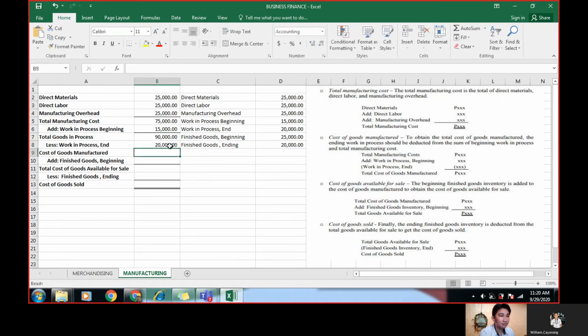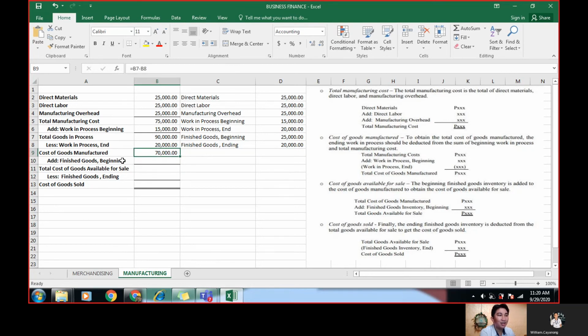Therefore, deduct natin siya. 90,000 equal sign pa din, don't forget, minus 20,000, enter. Therefore, out from the 90,000, only 70,000 goods was manufactured. So yung 20,000 is still work in process. Pagka next year na naman siya makukumpleto. Okay? So ayan, ito yung total goods manufactured.